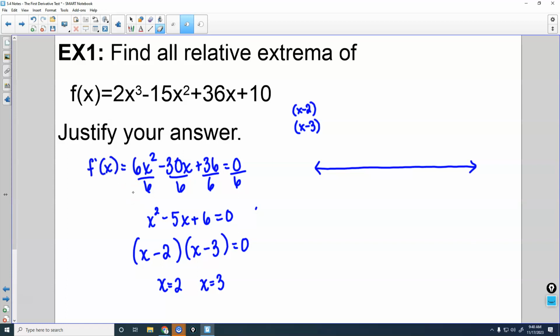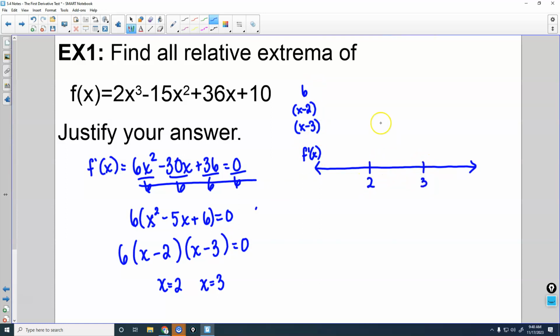But let's factor that out instead of dividing it off. That would be better practice, because if that number is a negative number, like if you're factoring out a -6, it does change the sign of everything. Since it's positive, it doesn't make any difference here. So we got 2, we got 3.